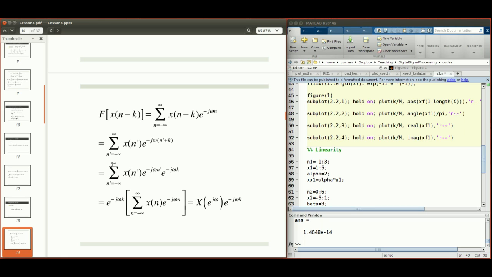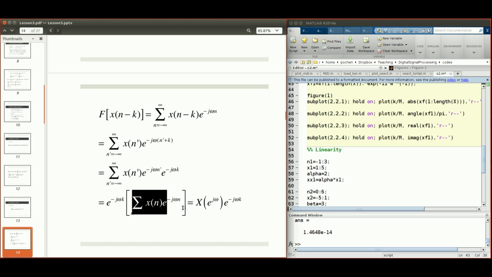Because n prime is the summation index, you can sort of replace it with whatever letters that you want to use, right? Here we replace it with n prime, but this n prime doesn't have to be equal to n prime that we used to substitute n subtract k here, right? It doesn't have to be. You can just replace n prime with any letter. You can just replace n prime with l or k, or it doesn't really matter, right?